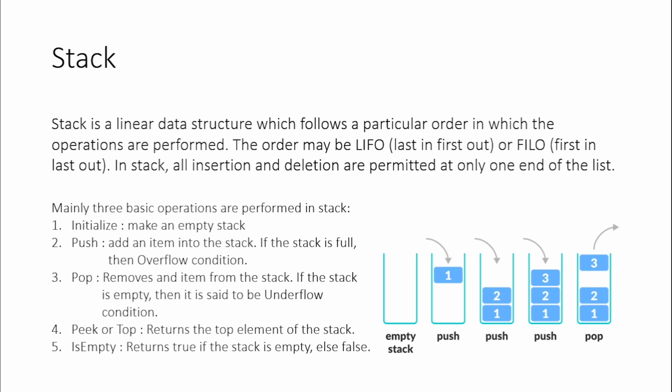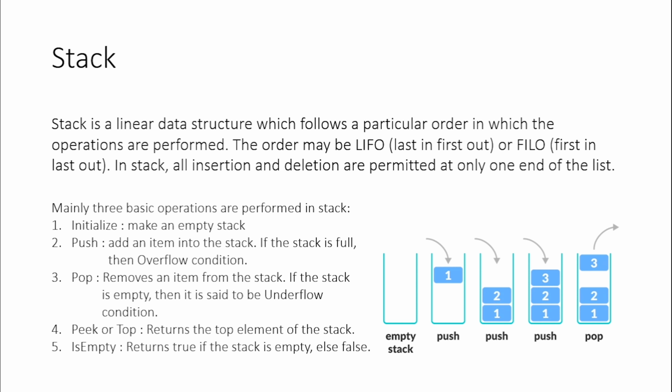Suppose you have a box where you place all your books. You place book 1 first, book 2 second, and so on, until we have 5 books. Now if you want to remove the books, we'll have to start with book 5, right? We cannot remove book 1 first. That is the central idea of stack.